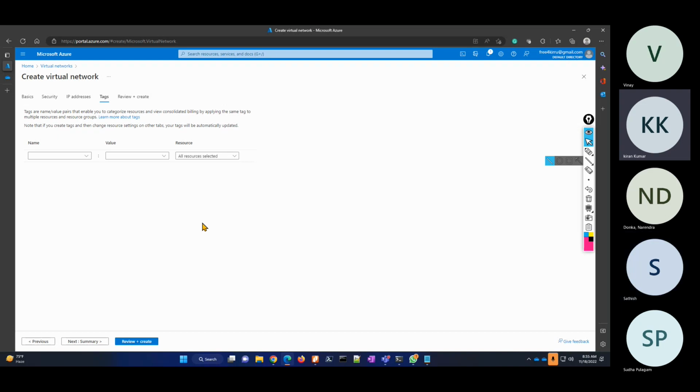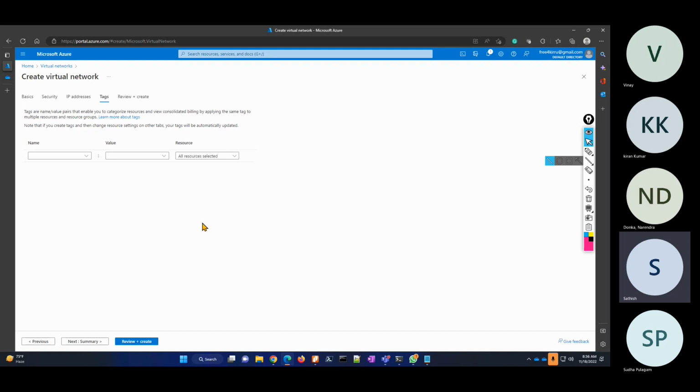So again, we need to maintain the inventory, and it's not easy. Which virtual machine, which subscription, which region, what resources, everything we need to calculate. That is not an easy task.